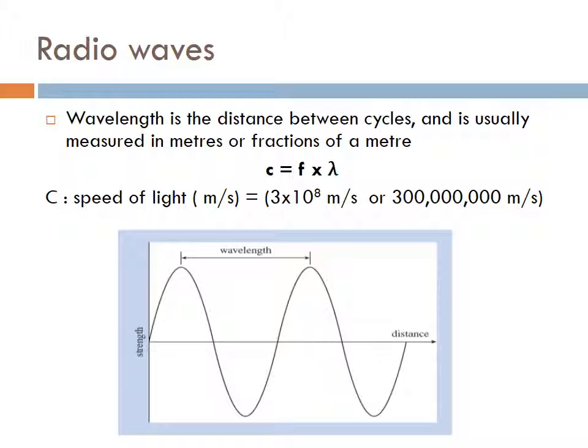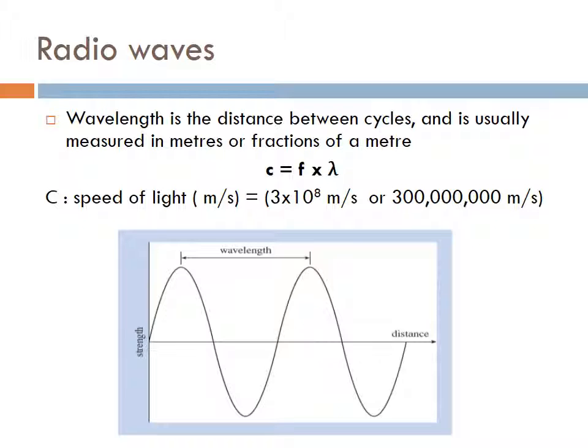C is the speed of propagation of the radio wave. We'll consider it as the speed of light as an assumption. It could be not exactly equal to this value, but you can use it as equal to 3 times 10 to the power 8 meters per second.